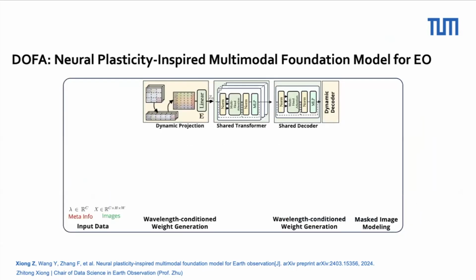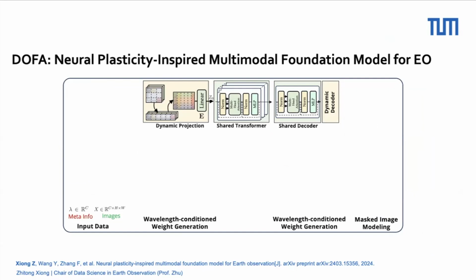And the whole network is actually trained using an MAE masked image modeling architecture. And this is the main part of the DOFA. It includes a dynamic projection layer and the shared transformer, as I just introduced in the OFANet.